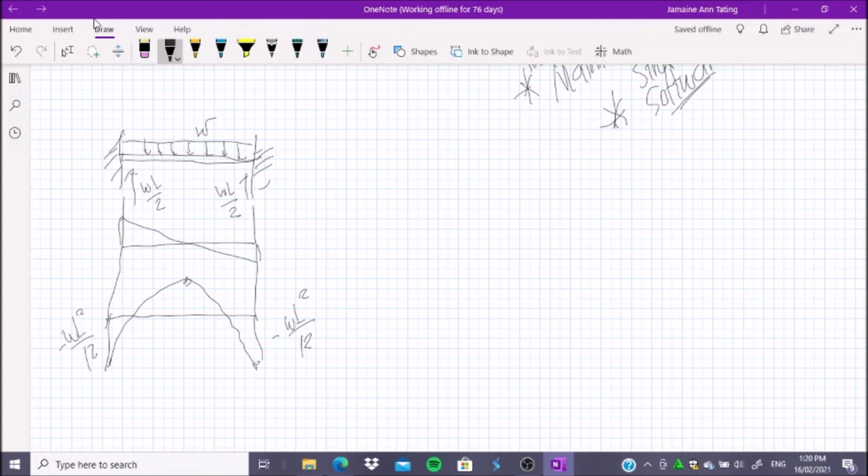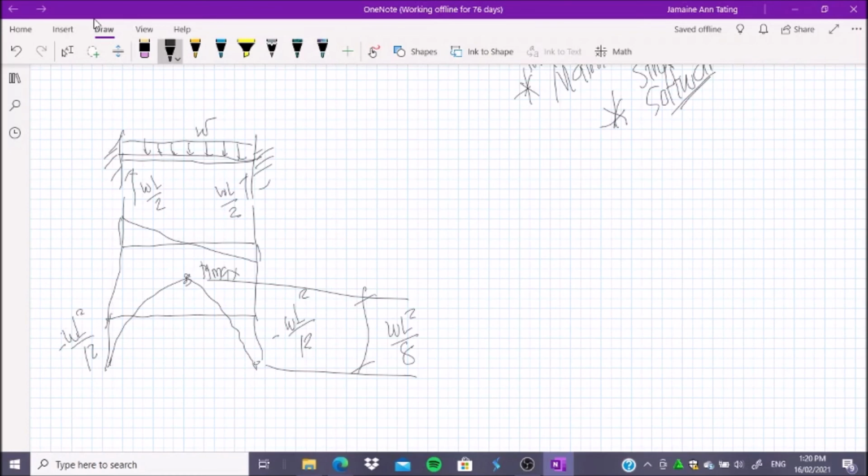How about the maximum moment here? Let us go back to the simple beam, where it is WL squared over 8.